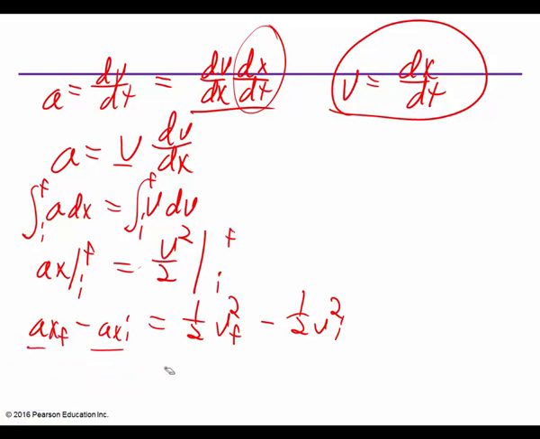Okay, all right, so now let's consolidate this and solve for v final. Well, we can factor out 1/2 on the other side and multiply both sides by 2. And what do we wind up with?